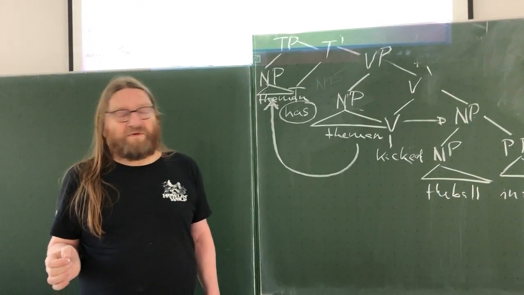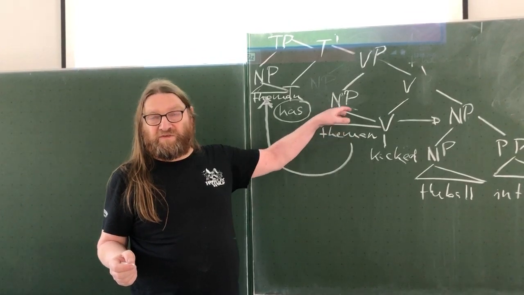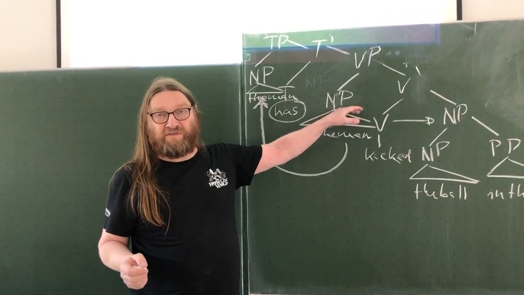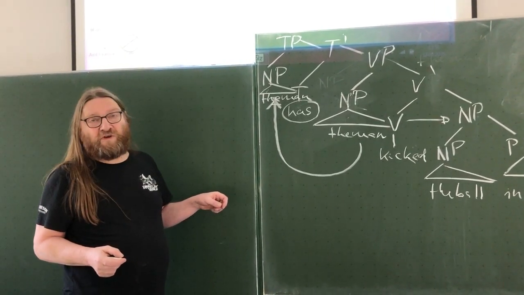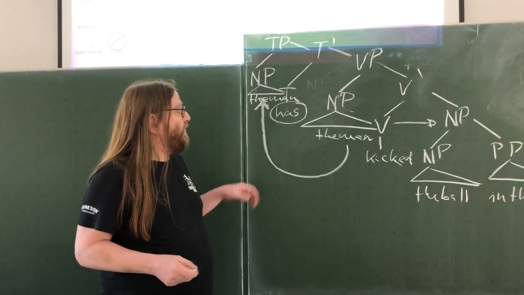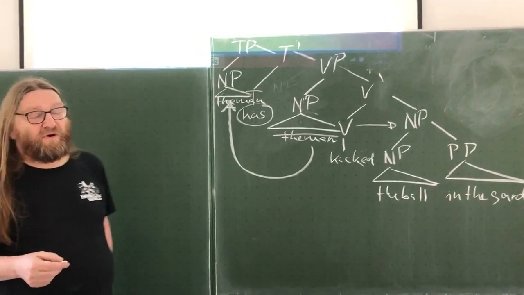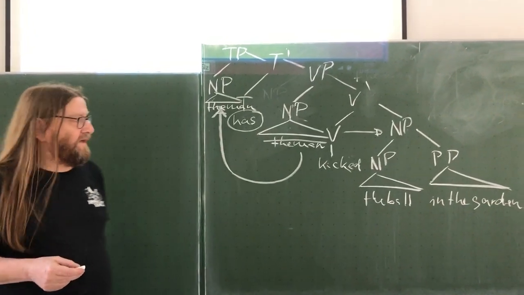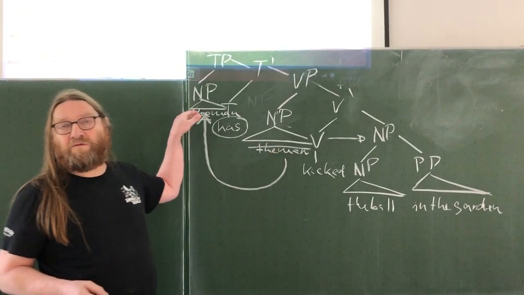we have to move the noun phrase, the man, from the specifier position of the verb phrase to the specifier position of the tense phrase. And this also yields us the right word order. The man has kicked the ball in the garden. It's only that the man has undergone a movement.